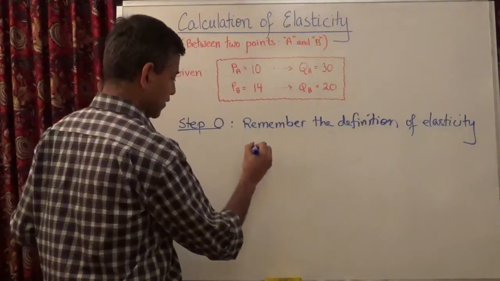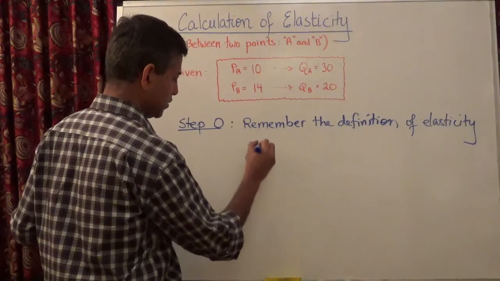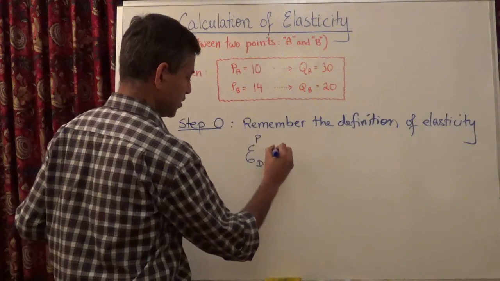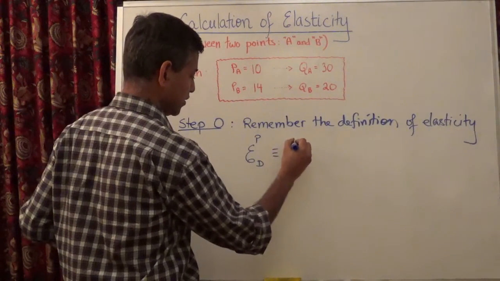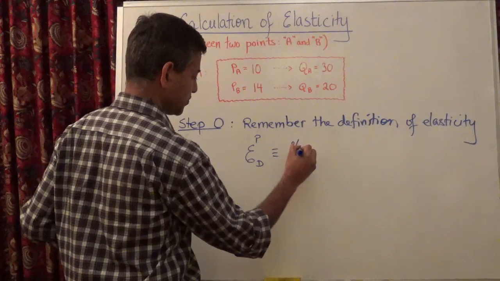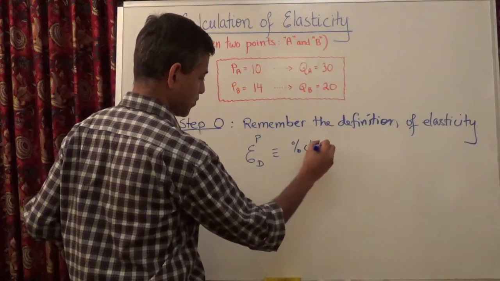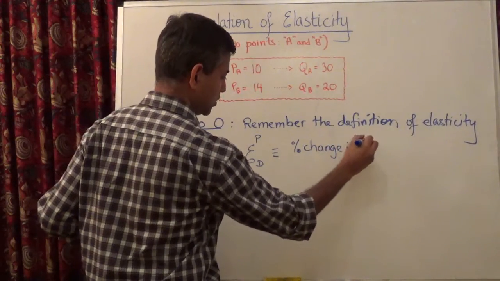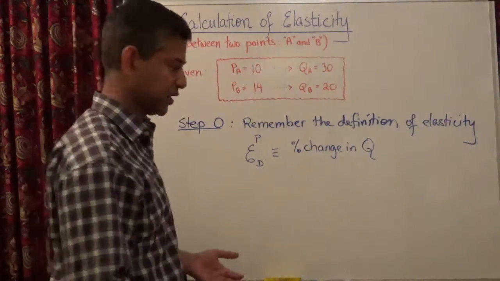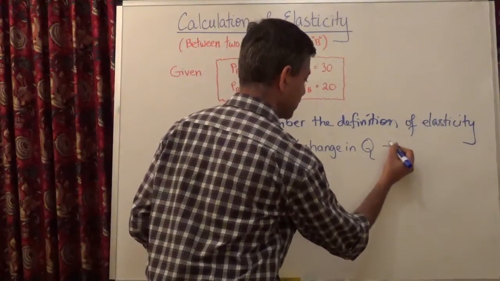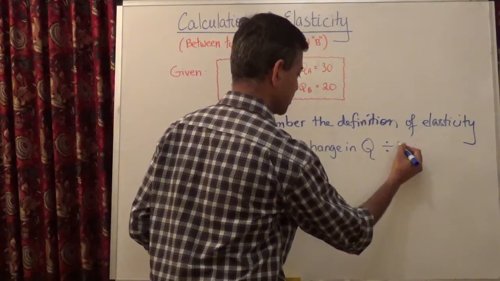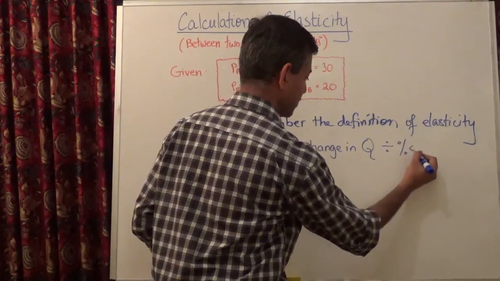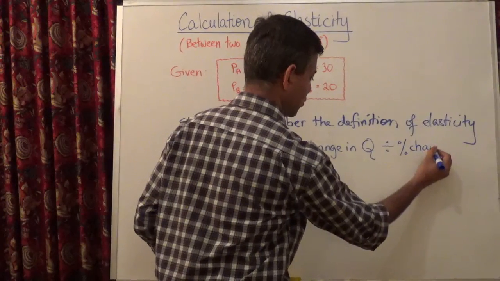So elasticity of demand with respect to price would be defined as the percentage change in the quantity demanded divided by the percentage change in the price.